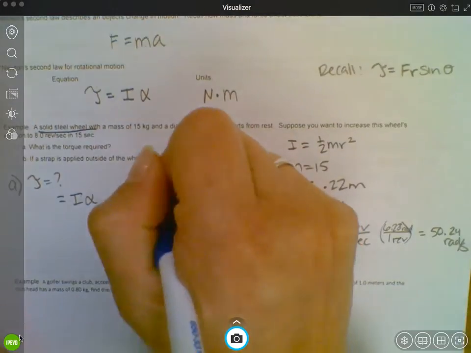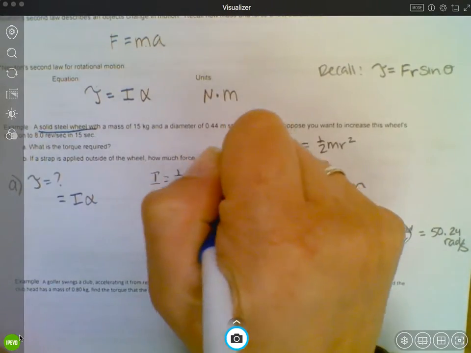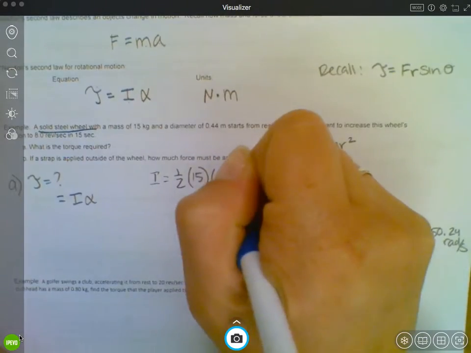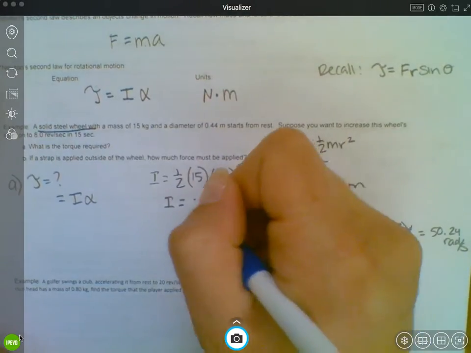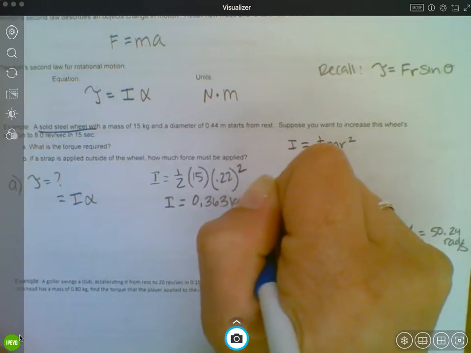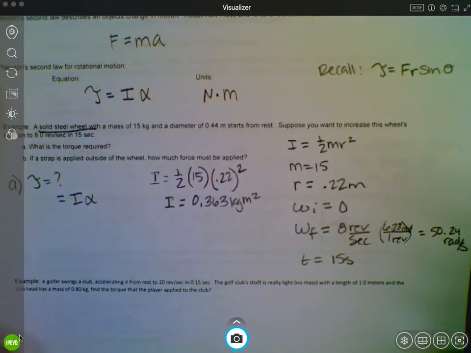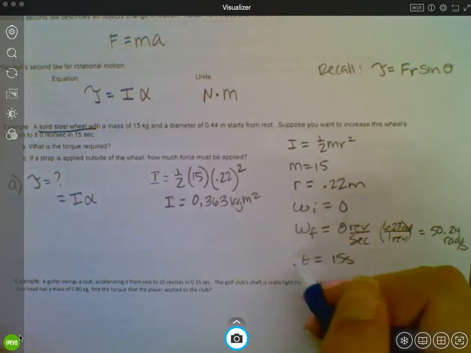I we can find. It's 1/2, and m is 15, r is 0.22 squared. So if we solve for that, we get I equals 0.363 kilogram meters squared. Okay. Solving for alpha, we would have to use our kinematic equations.